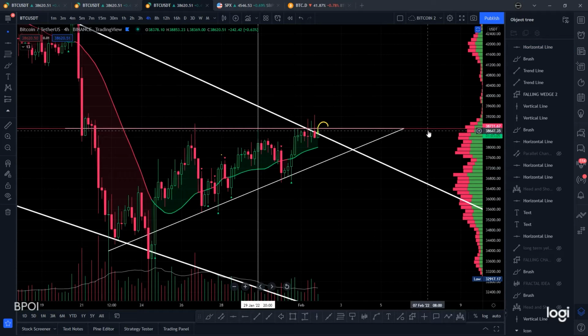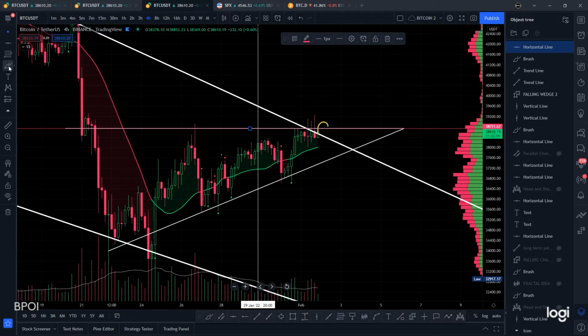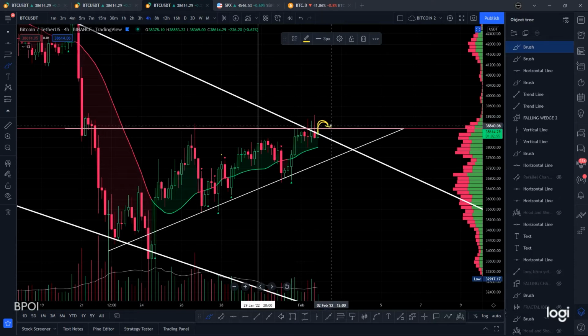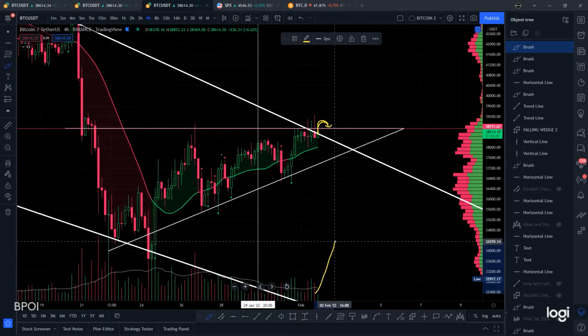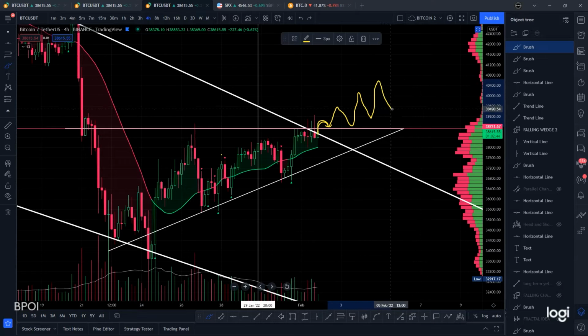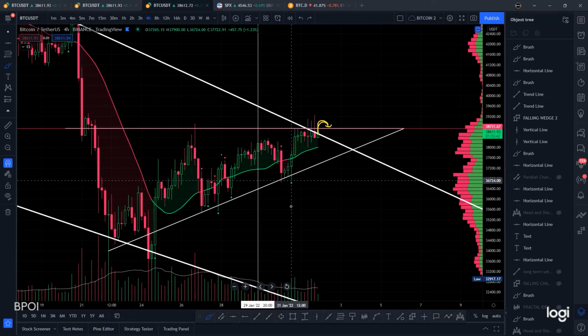Around about, I would say, 38,731. We're looking for a candle close above this level at midnight. If we can get that, and then get some volume coming in, then potentially we'll see Bitcoin start to move outside of this falling wedge that it's been trading in for so long.